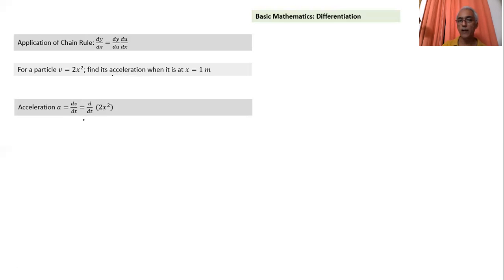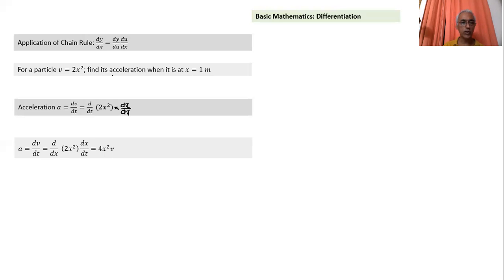You notice there's a bit of a problem here. There is no x term here. If I have to differentiate 2x squared, since there's an x term, it can only be differentiated with respect to x. So what I'll do is multiply and divide by dx, and bring this dx here and dt there. So dv by dt becomes d by dx of 2x squared into dx by dt.